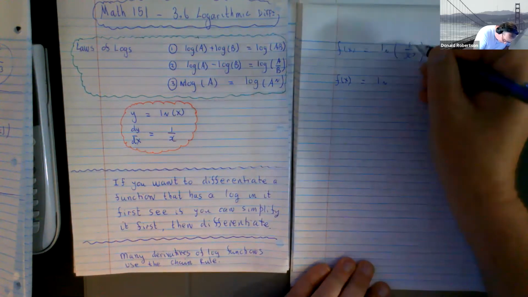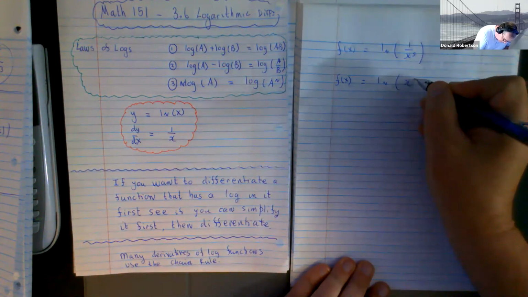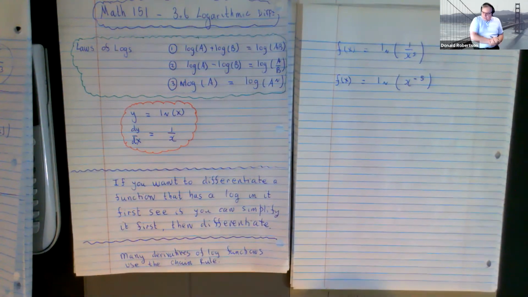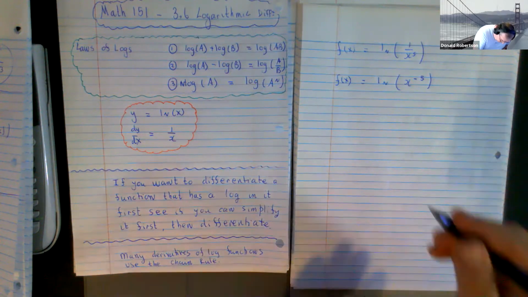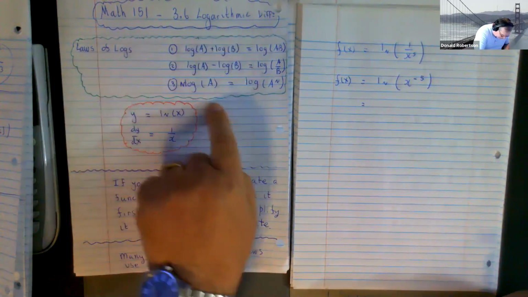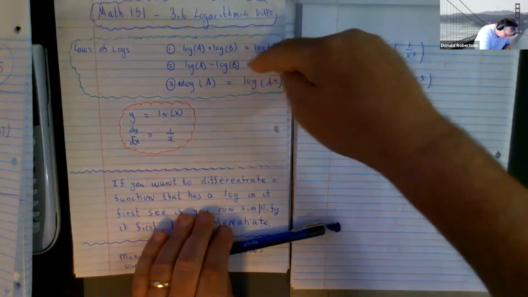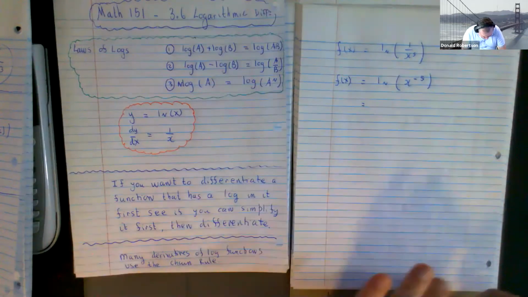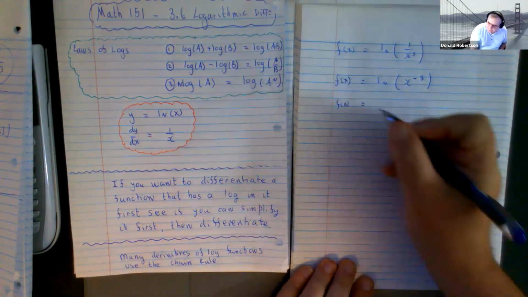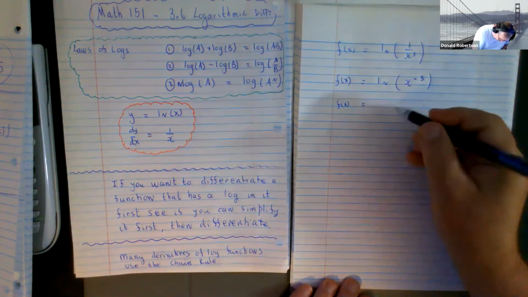So I'm going to make this nicer so I can do that. So 1 over x to the 5 can be written like that. Agreed? 1 over x to the 5 is x to the negative 5. Now, which one of these 3 laws, remember we're going to be going from right to left, could I use on this guy to write him down in a different way? Number 3. That's correct. Third one.